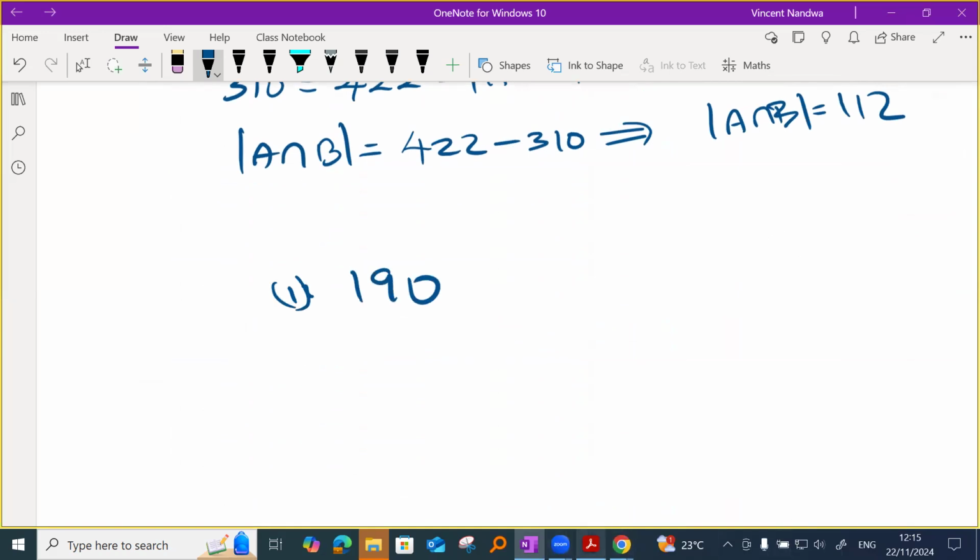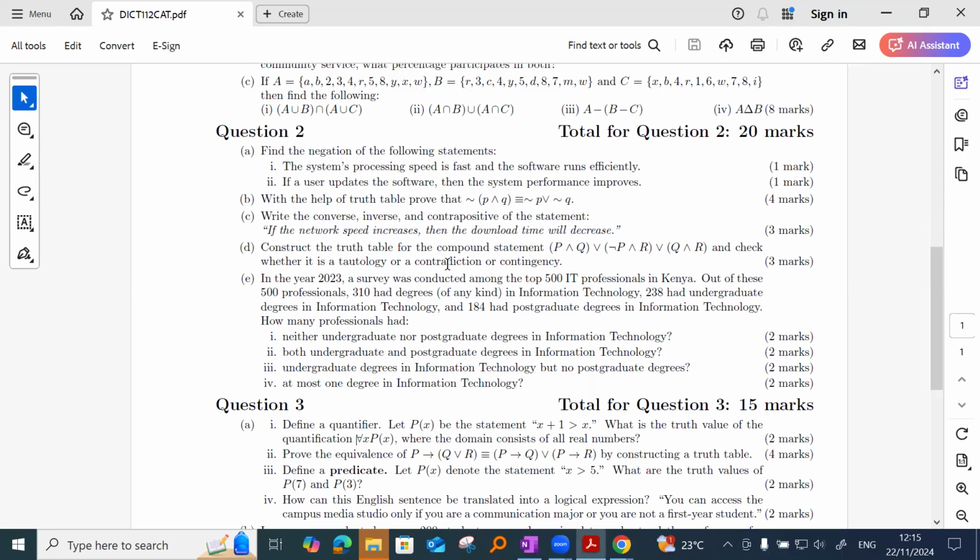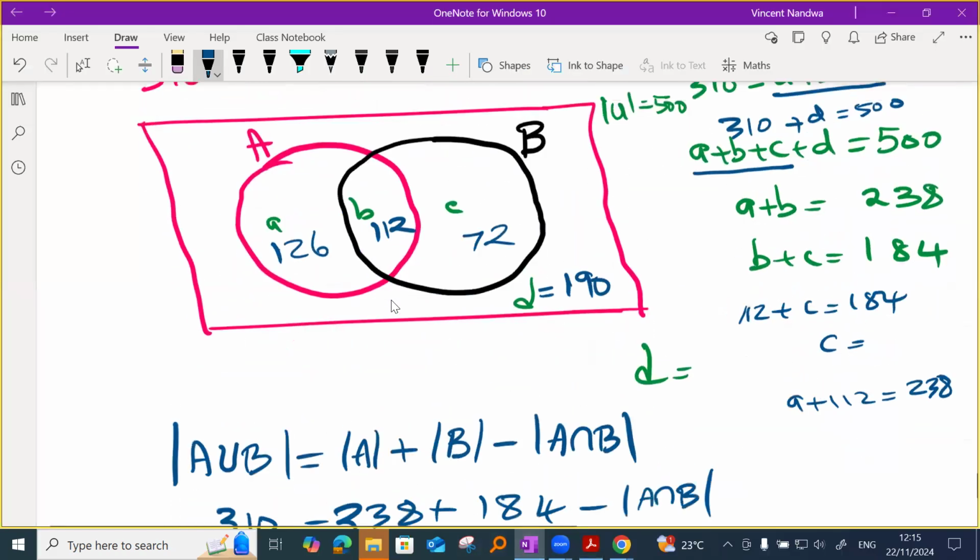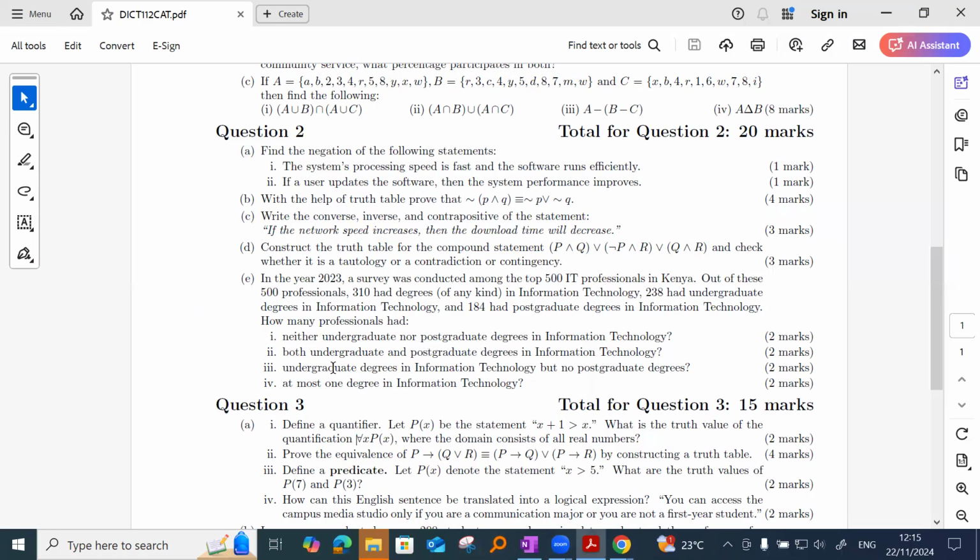And then the other part is both undergraduate and postgraduate degrees. Which part in this Venn diagram? In the middle one. So the answer is 112, correct. And then undergraduate degrees in information technology, but no postgraduate degrees.